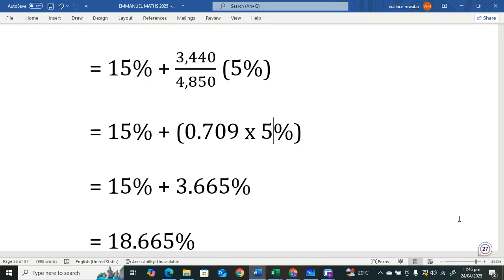You said 0 point what? Me, I'm getting 3.545. You've converted the percentages into decimals also. Me, when I do 0.709 times 5, I'm getting 3.545, not 0.3545.